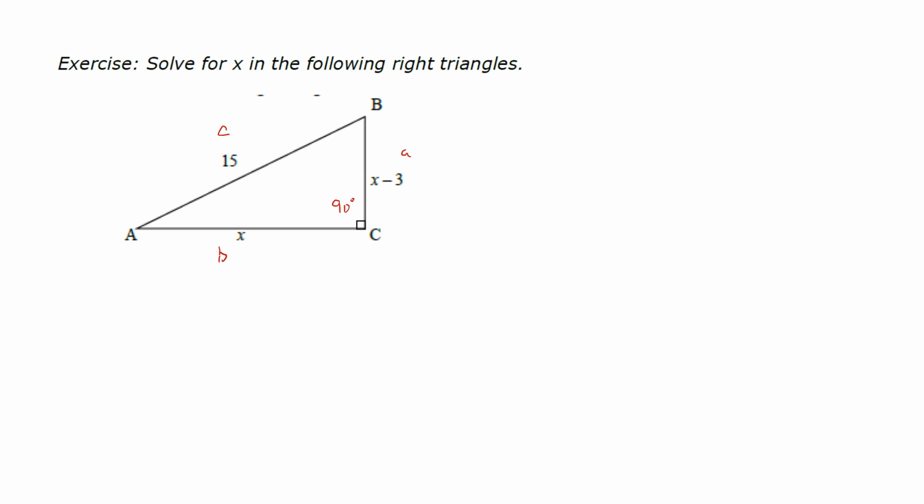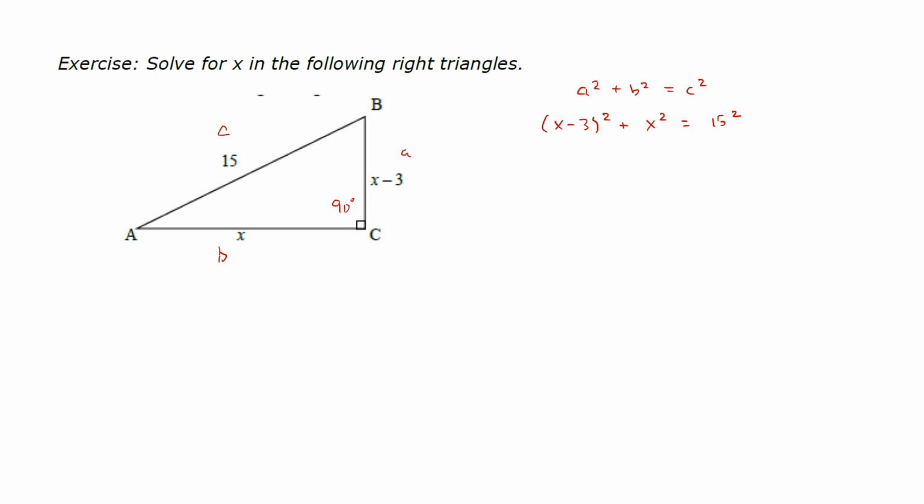So I have the formula here, a squared plus b squared equals c squared. And I'm going to substitute in my known expressions for each letter. So my a is x minus 3, squared. My b is x, so that'll be squared. And my c is 15 squared. Okay, so now I can simplify.